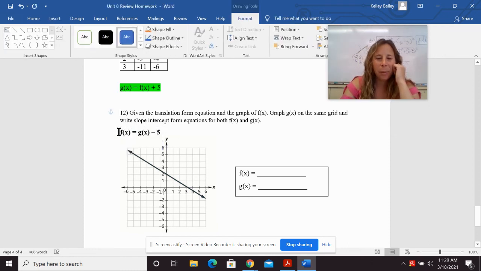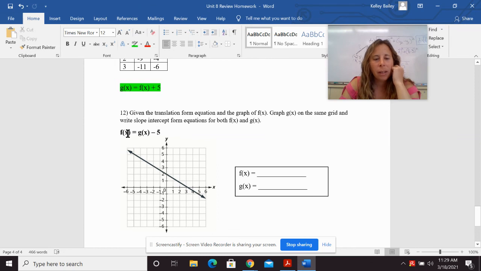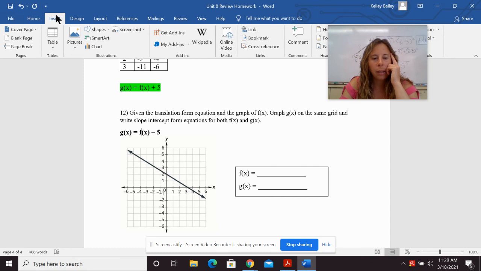Get rid of my circle. Let's make this g of x equals, there we go, -5. So then, this is our f of x graph. So then our g of x graph is just going to be 5 below. So we're going to move this whole line down 5.